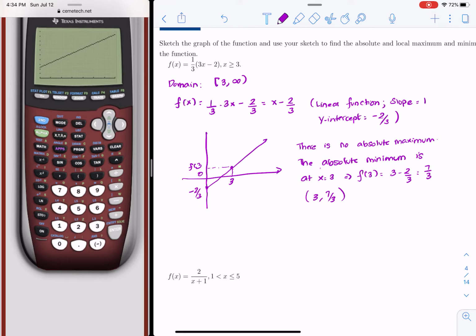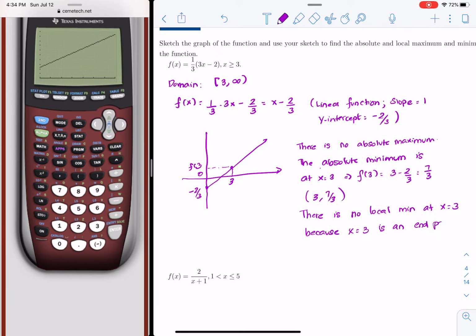Now, is that a local minimum? There is no local minimum at x is equal to 3, because x is equal to 3 is an endpoint.